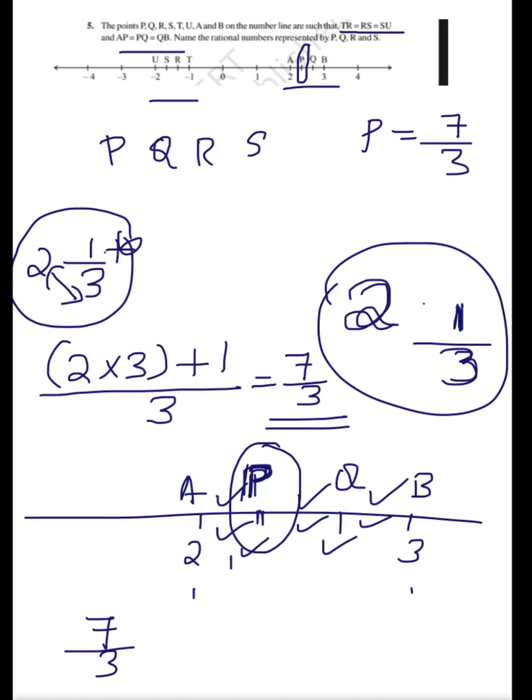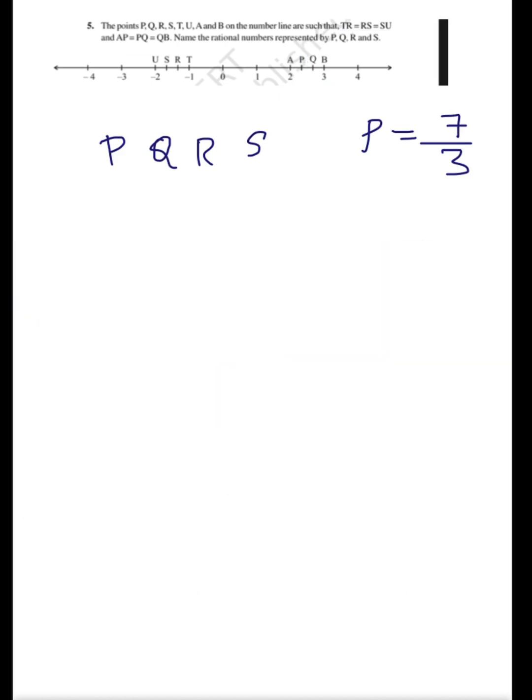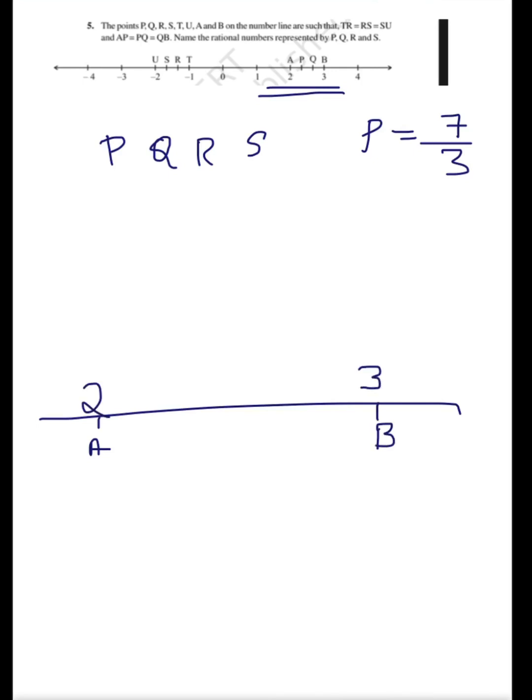Understand? Now let's see Q. For Q also you can see that Q is in between 2 and 3, which is represented by points A and B, and in between here you can see P and here it's Q. So now you have to say the rational number which is represented by Q. Point Q is lying between 2 and 3, that means it will be something like 2 and something.